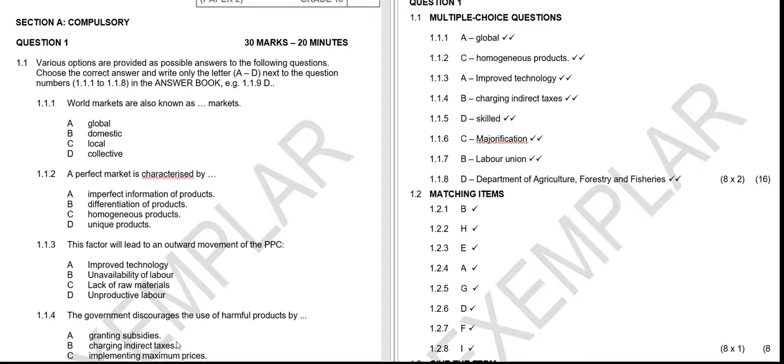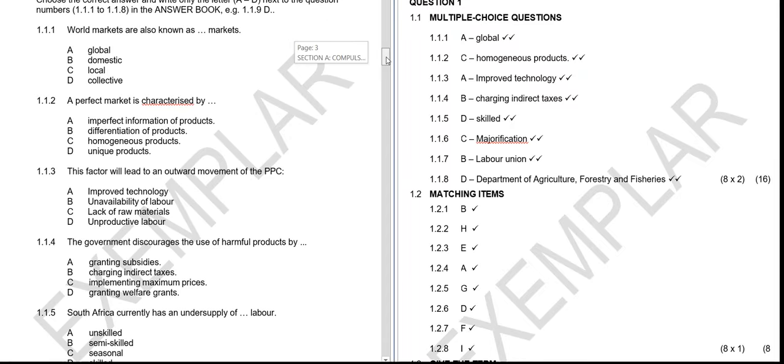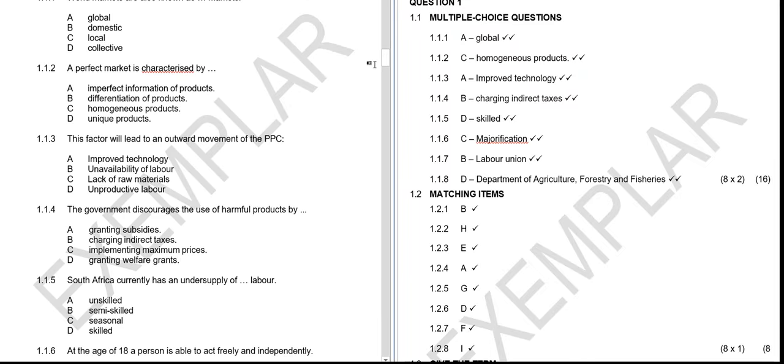Go to number 4. The government discourages the use of harmful products by, and of course we also have various responses on that part. The correct answer is charging indirect taxes. Remember, indirect taxes can also describe VAT, that is value added tax.